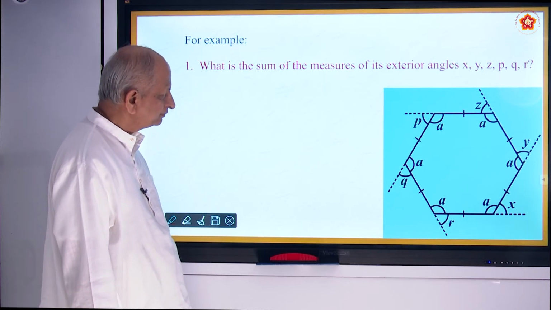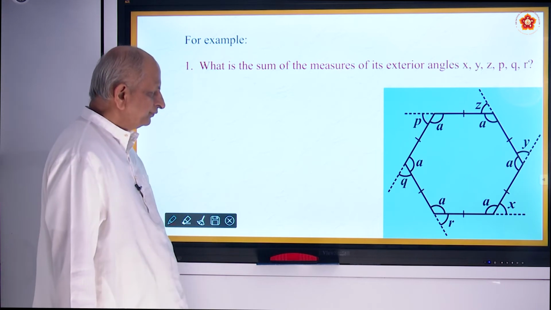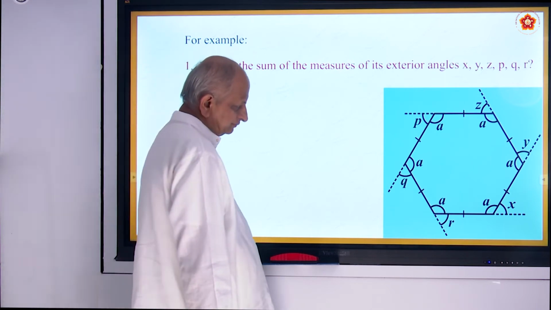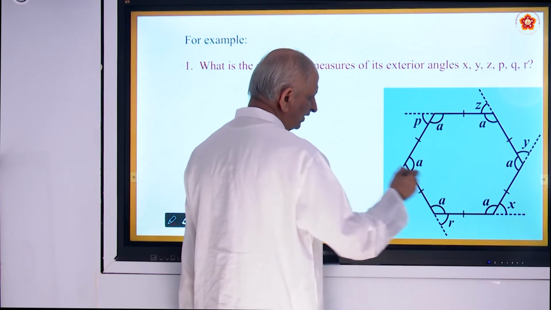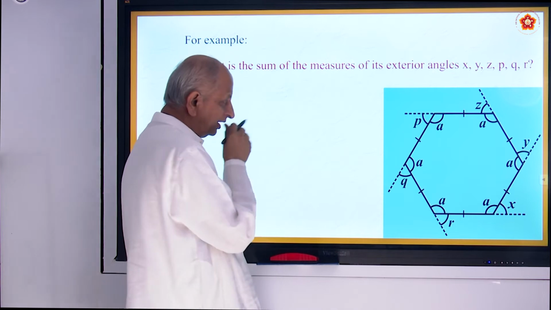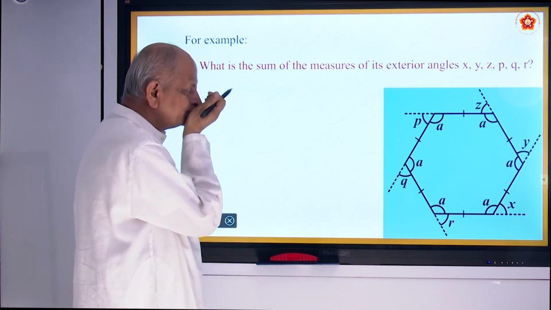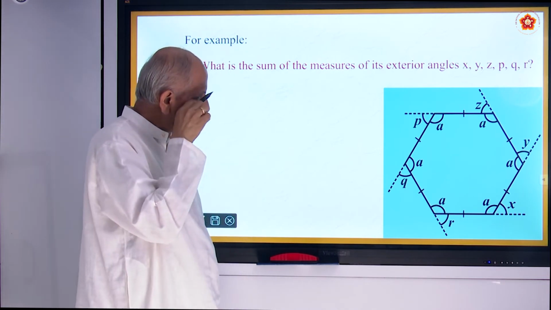r? They are asking each. See here, you are given that all the sides are equal. When all the sides are equal, all the angles also must be equal.